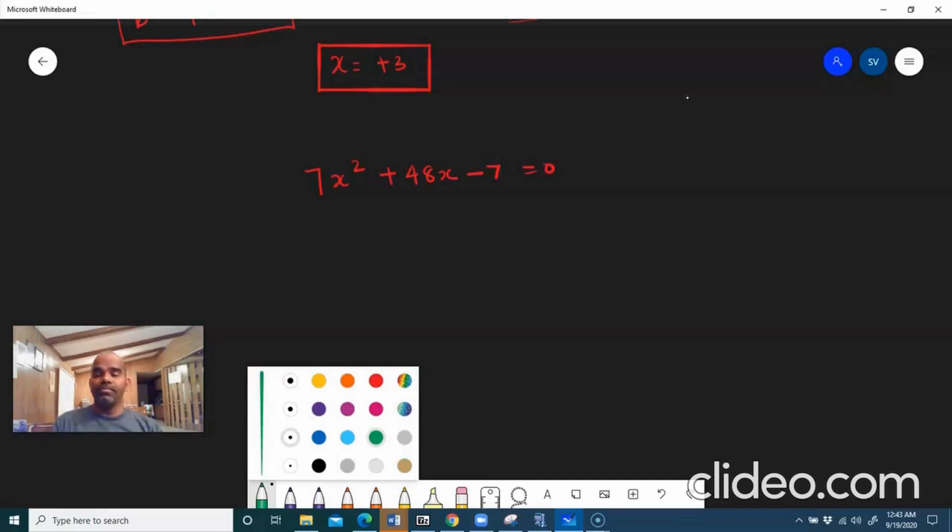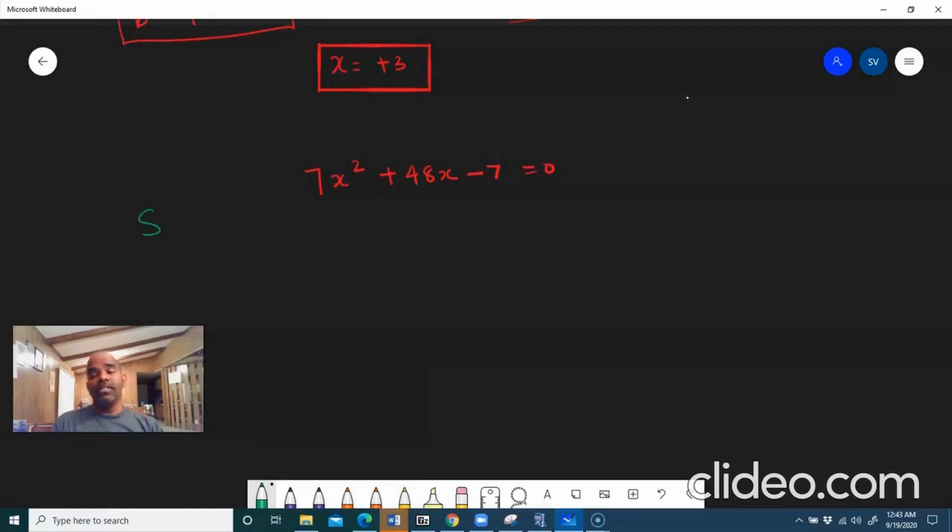How can we do that? We have some easy technique. So I'm going to use one easiest method. This is also following the sum and product, but we need to set it up for using this technique. How can we do that? For that, first you need to check the coefficient of the x square term.